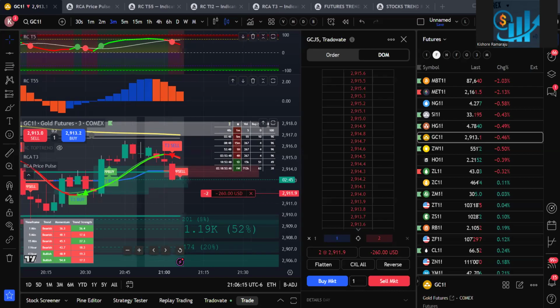I'm not taking any other positions, right? We'll take one by one so that you don't get confused. Actually, silver, copper, everything will drop now.